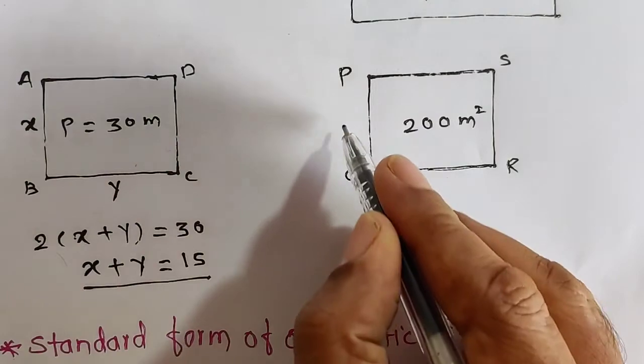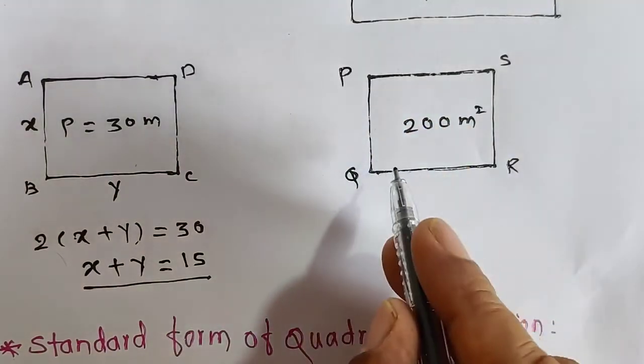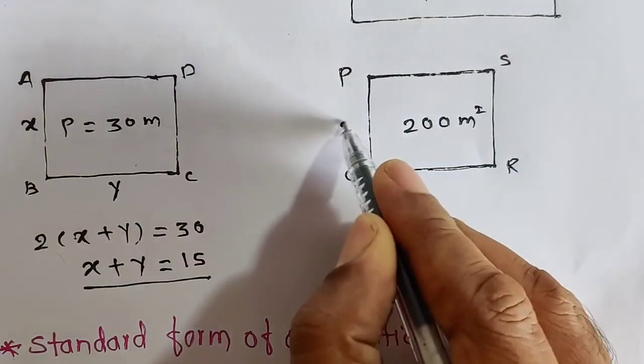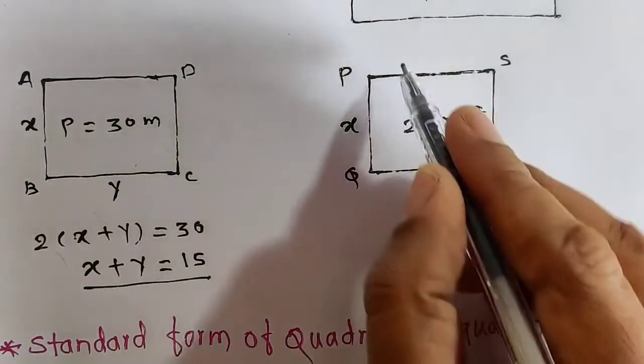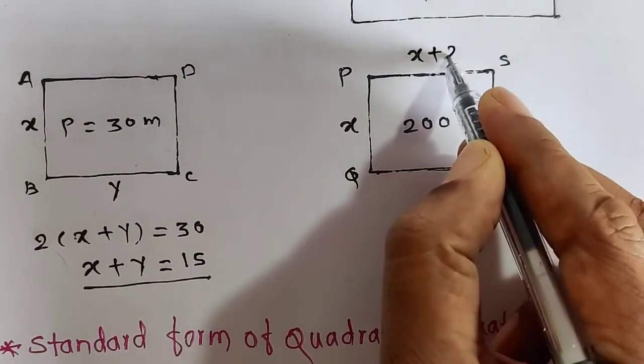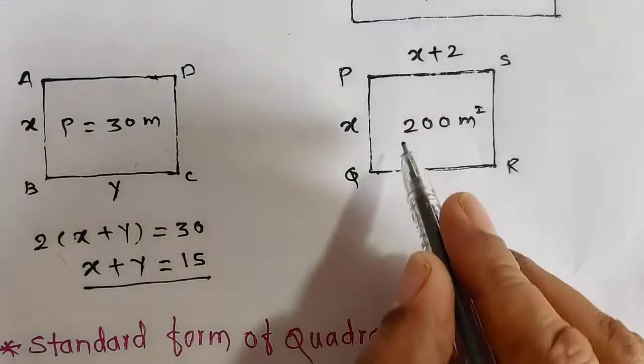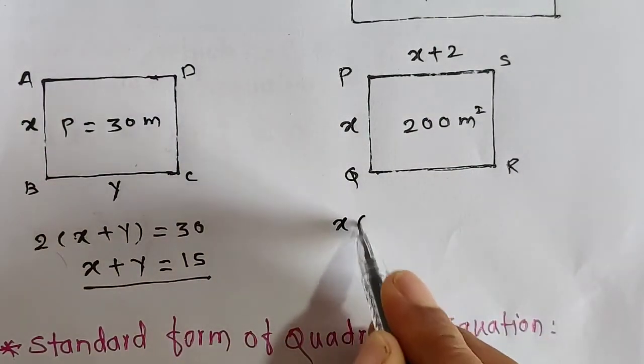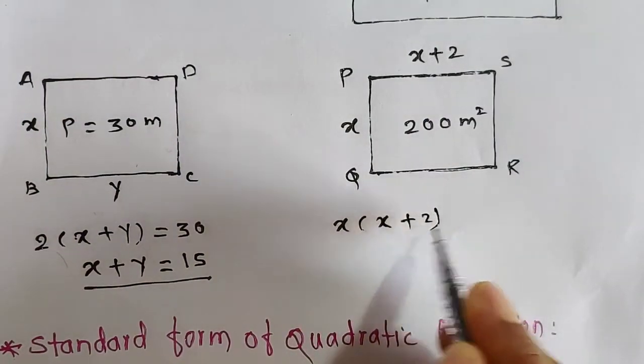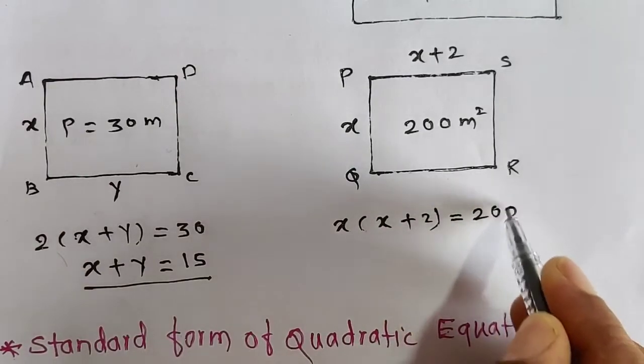And here, if the breadth is x and the length is x plus 2, then the area is equal to x multiplied by (x plus 2). The area of that plot is equal to 200.